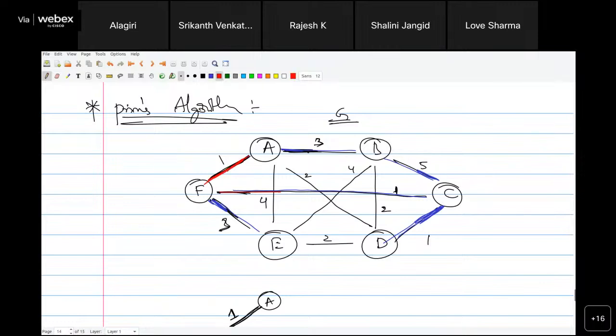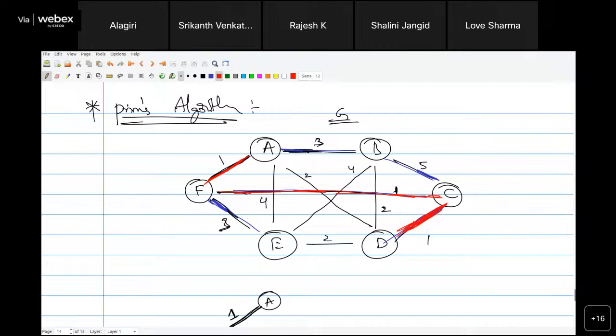These 3 are already in our spanning tree. So now the edges which are adjacent to these 3 and also having the minimum weight, and also one more condition we have, we are building a tree. It should not contain cycle. So no cycles are allowed.